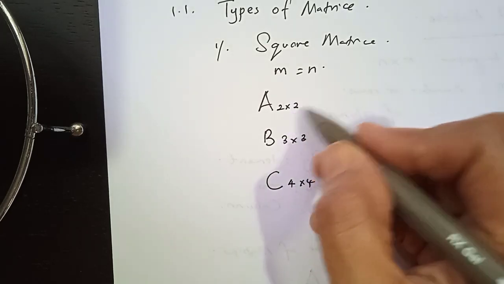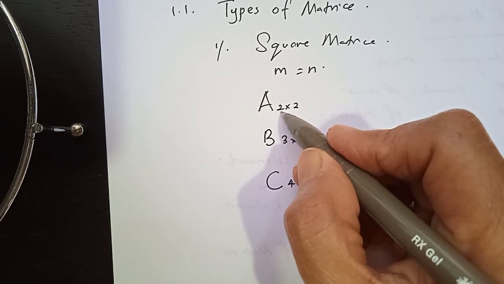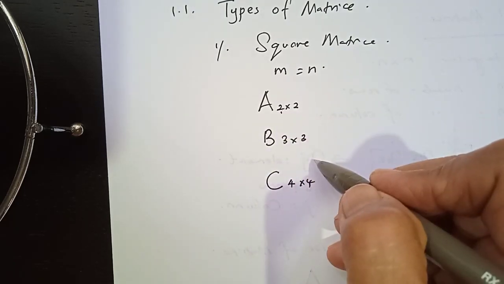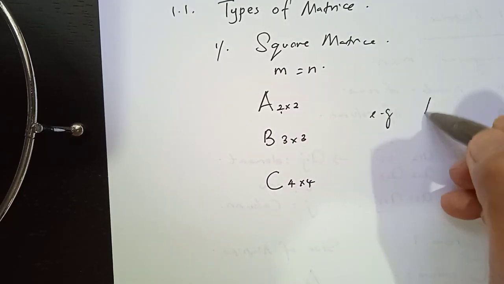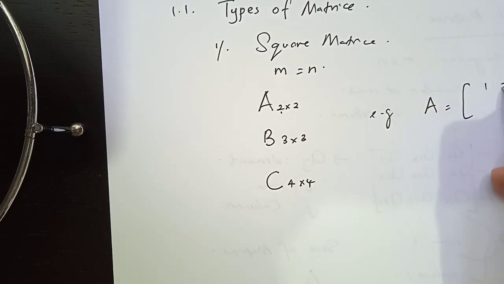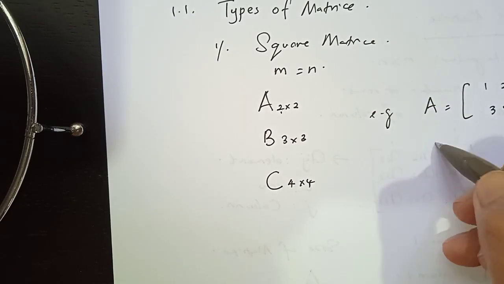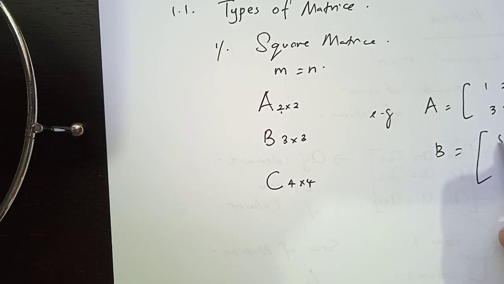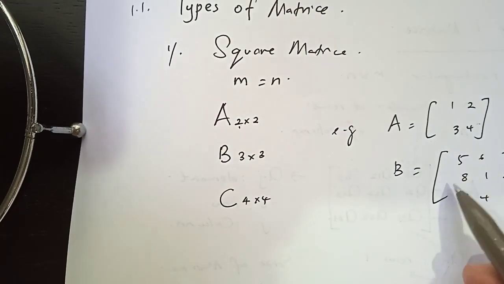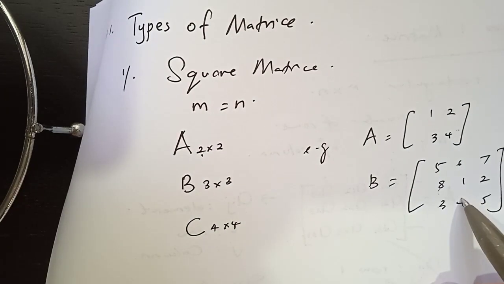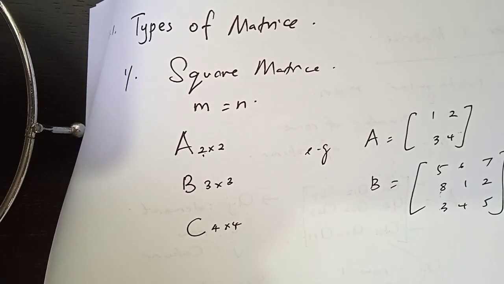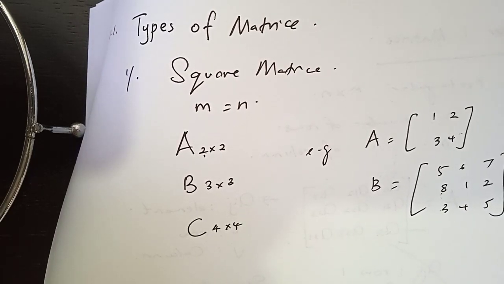This is a square matrix where the number of row is equal to the number of column. For example, A is 1, 2, 3, 4, and B is 5, 6, 7, 8, 1, 2, 3, 4, 5. A 2 times 2 matrix and a 3 times 3 matrix. So that is called a square matrix.